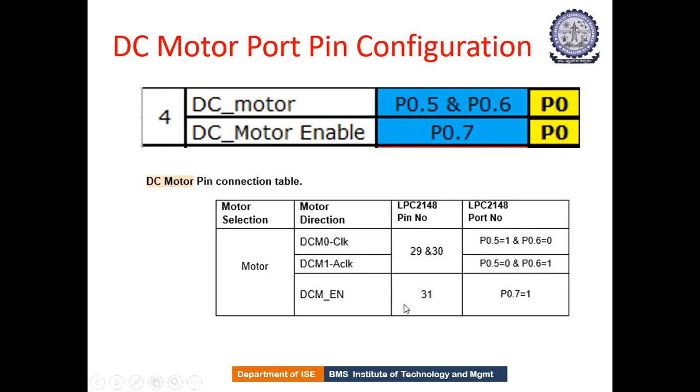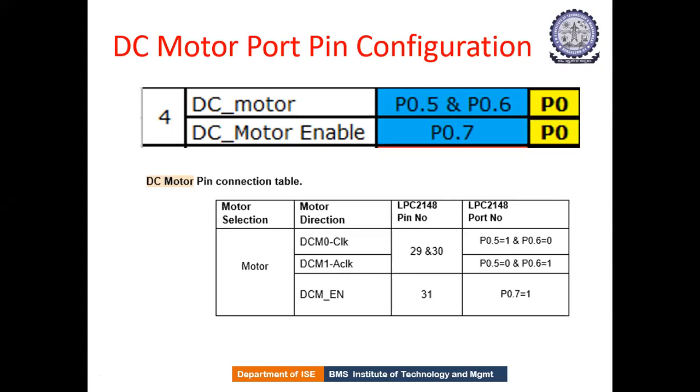The enable bit is also used with 1 bit. Using this enable bit, we can enable the DC motor. So keeping this in mind, we are performing the rotation of a DC motor. So this is the pin configuration of a DC motor: the fifth bit for clockwise direction, the sixth bit for anti-clockwise direction and the seventh bit for enabling the DC motor.